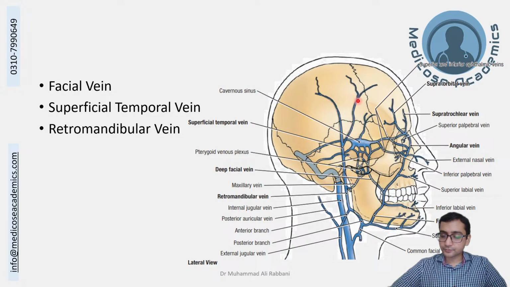Then there is the superficial temporal vein. This is similar to the one that had the artery, and it receives the maxillary vein. Here the maxillary vein joins the superficial temporal vein. Now, this is called the superficial temporal vein.